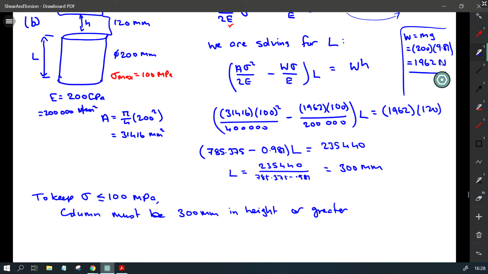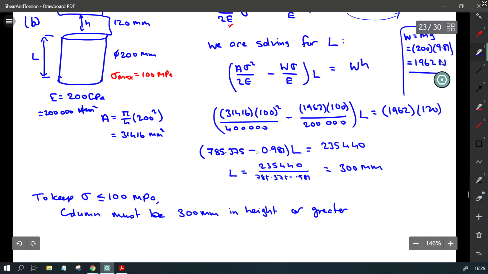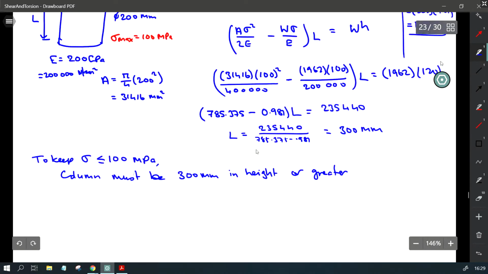But the basic principle here is that something which is loaded dynamically will suffer a much higher level of stress than loaded statically, particularly if it's a mass falling on the thing. We did have these three cases before.